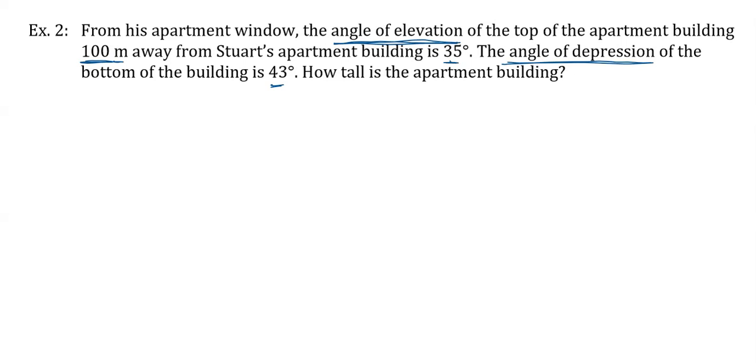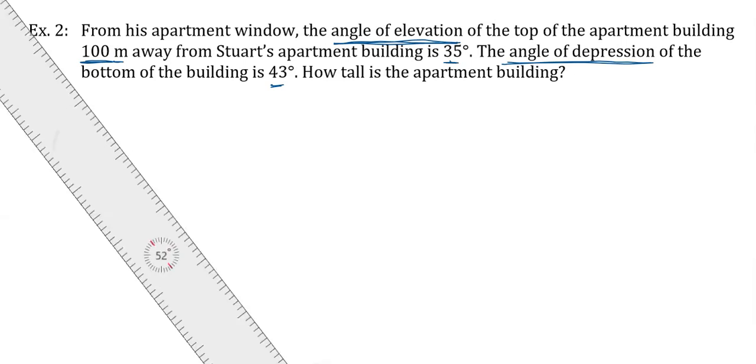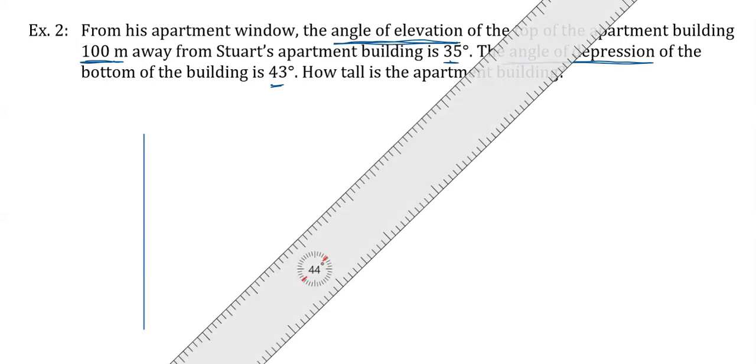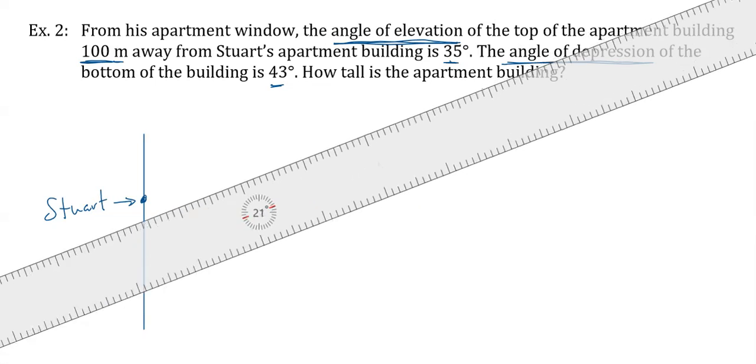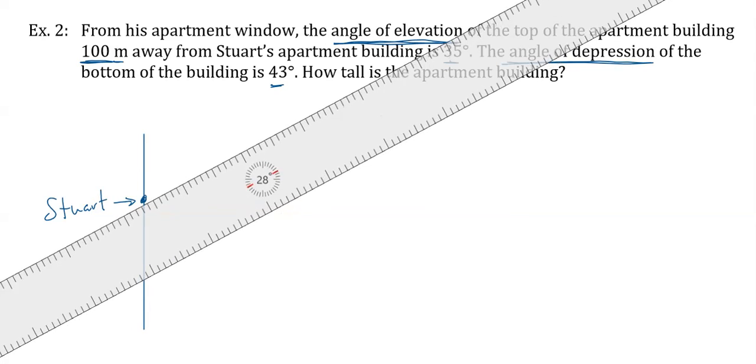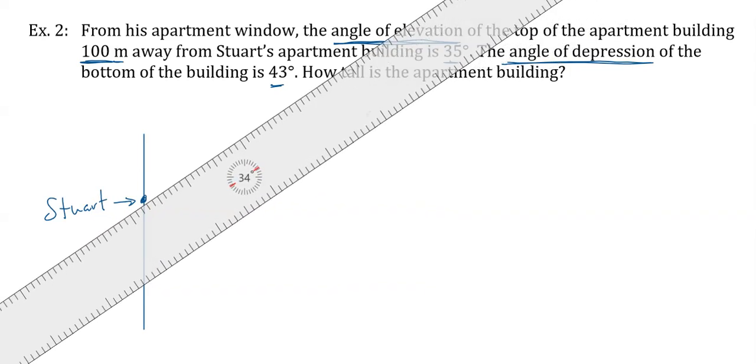So I'm going to start by drawing Stewart's building. Okay, and I'm going to say Stewart is just somewhere in the middle. And it says the angle of elevation to the top of a building is 35 degrees.